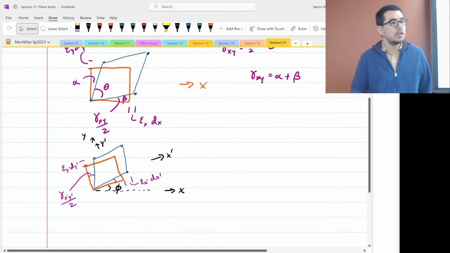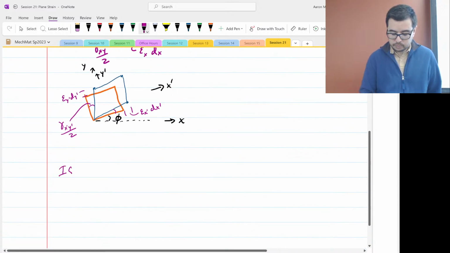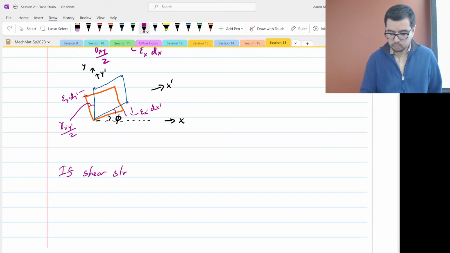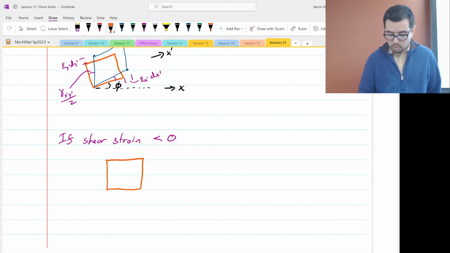If you think you have negative shear strain, if the shear strain is less than 0, then we actually have a fun situation when you're drawing your modified diamond.